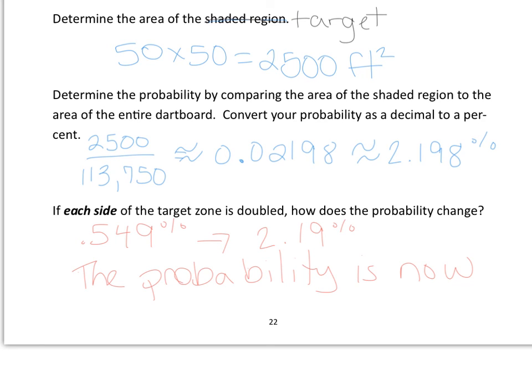So if you just double the area, the probability doubles. But by affecting each of the sides, we ended up really significantly increasing our odds and increasing the probability.